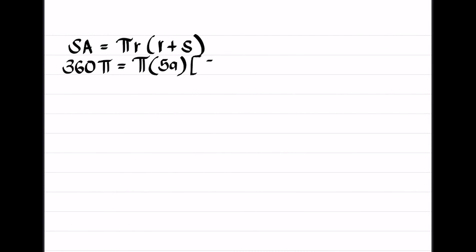The radius is 5a. The slant height is what we just determined, which is 13a. Now I can divide both the left-hand side and the right-hand side by pi to get rid of the pi. If I divide both sides by pi, the pi's are going to cancel.